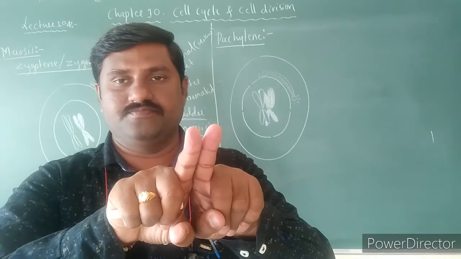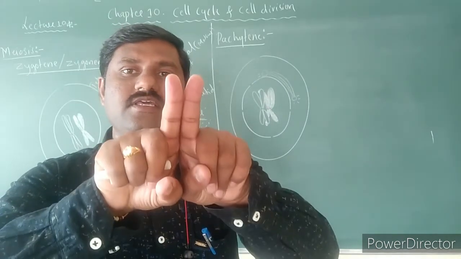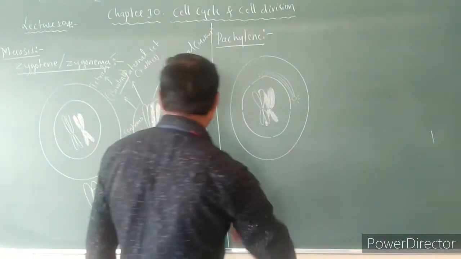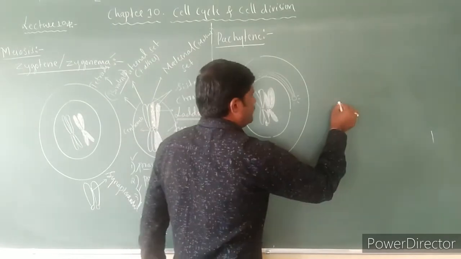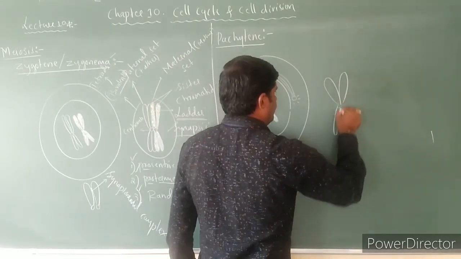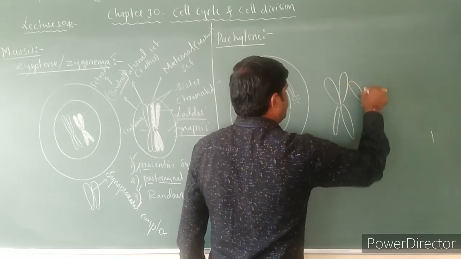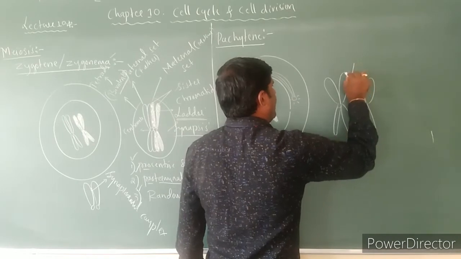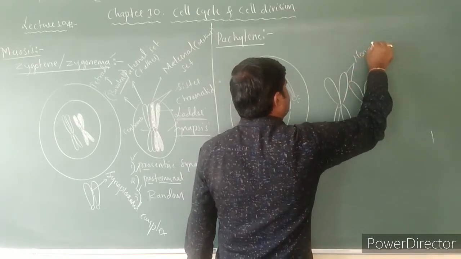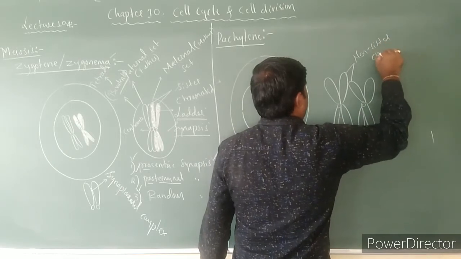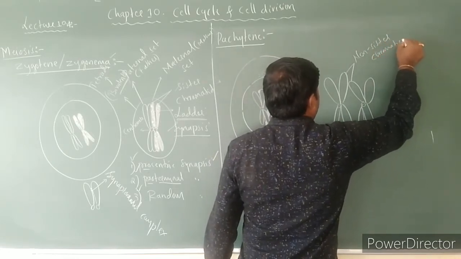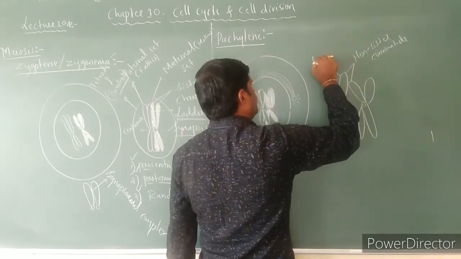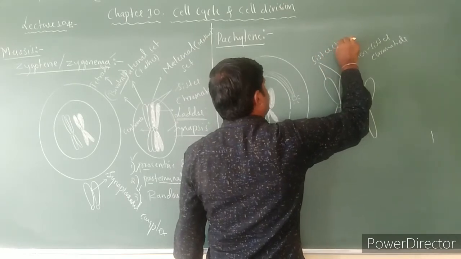What are non-sister chromatids? You may ask. See here, this is one chromosome, this is another chromosome. The chromatids of this one and this one are non-sister chromatids. This one as well as this one are sister chromatids.